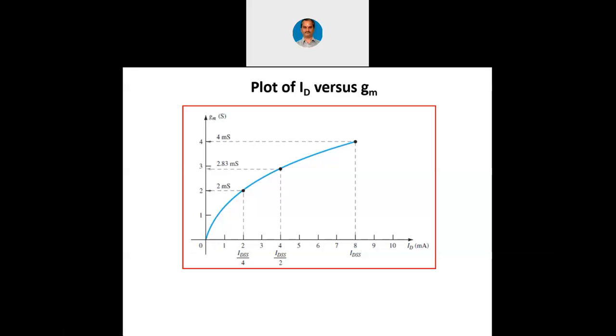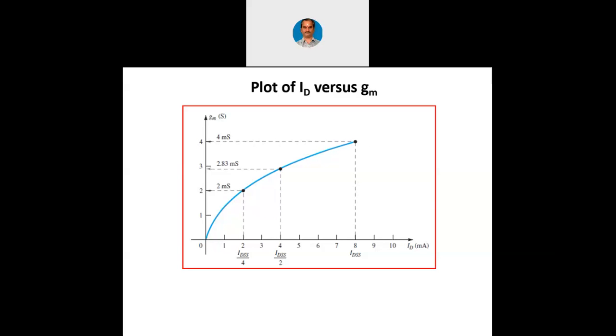Why is it non-linear? Basically, we have seen that the transfer curve is also non-linear. We had seen earlier that ID versus VGS was also non-linear. Now naturally, GM versus ID also has to be non-linear. And we had seen that GM versus VGS is linear. Now we have to come to a conclusion.